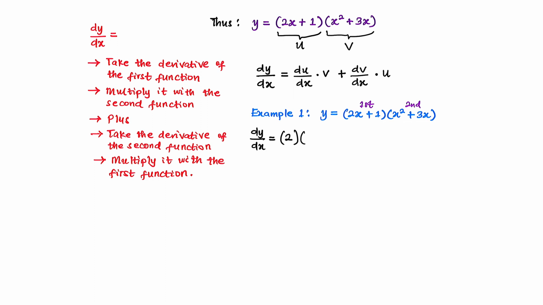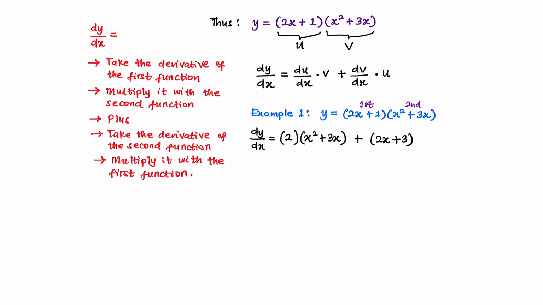So we have x squared plus 3x plus, take the derivative of the second function. So we take the derivative of x squared plus 3x. We will have derivative of x squared is 2x. And derivative of 3x is 3. So plus 3.